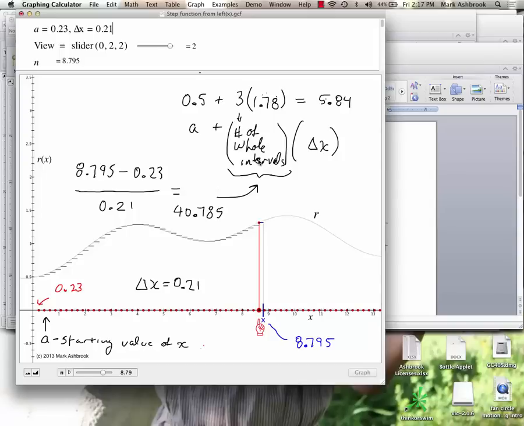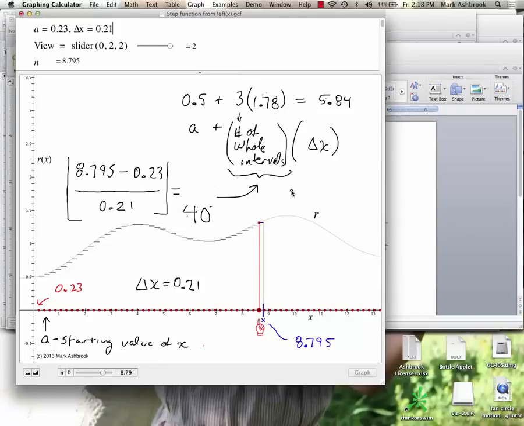That is called the floor function. If we put these brackets around it like this, what's inside is the 40.785, but the floor function says, just give me the whole number part, which is 40. So when I put those L brackets around it, we got our 40 intervals.